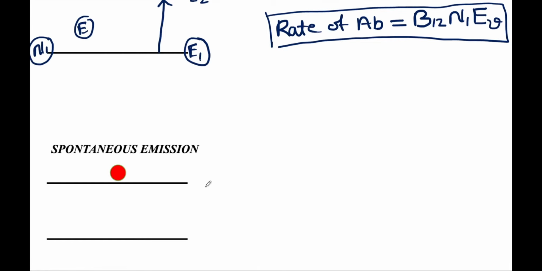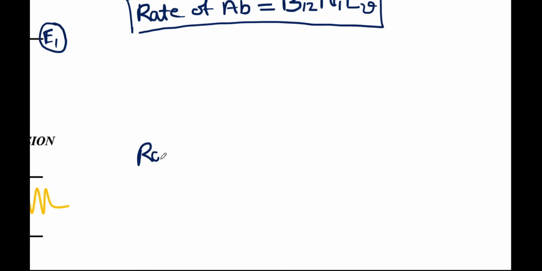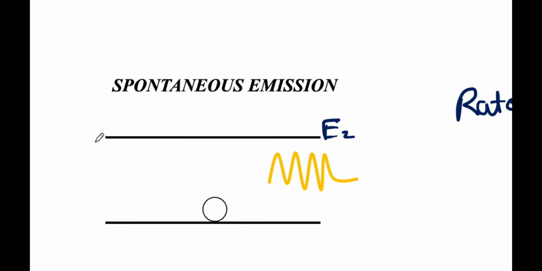Without any stimulation it comes back to the ground state energy level by emitting some radiation. Converting this explanation into equation form, we write: rate of spontaneous emission is directly proportional to N2. That means in the E2 level we have N2 electrons.